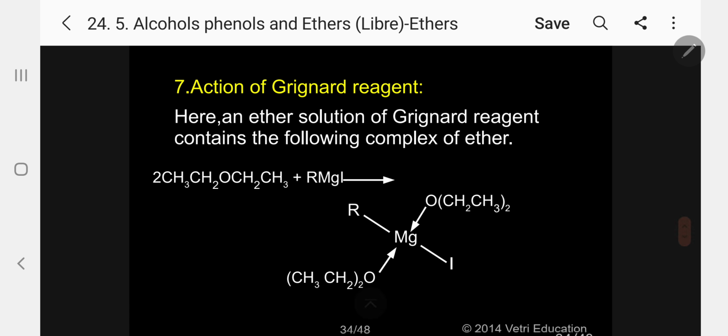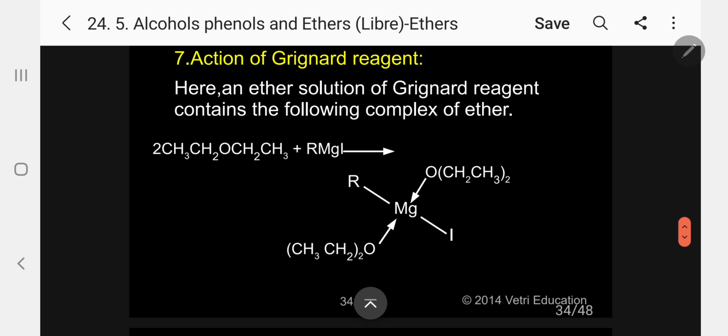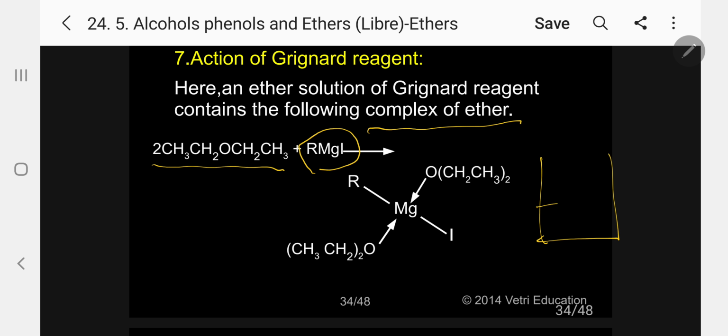Here, an ether solution of Grignard reagent contains the following complex of ether. Whenever Grignard reagent is prepared, it is normally prepared in ether. Kindly remember, in the preparation of Grignard reagent, we take a beaker and take ether, and the magnesium powder is suspended there.